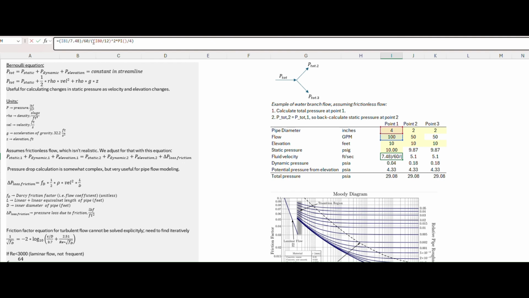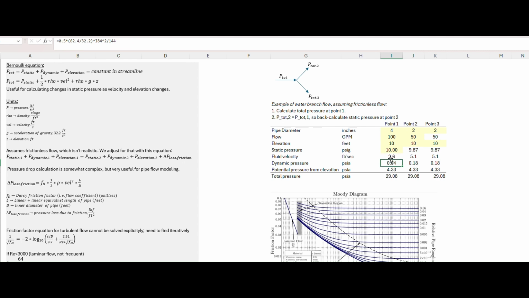And then take our cubic feet per second and divide by diameter in inches, converted to feet by dividing by 12, squared, times pi over 4, which gives you area in square feet. So cubic feet per second divided by square feet gives you feet per second.